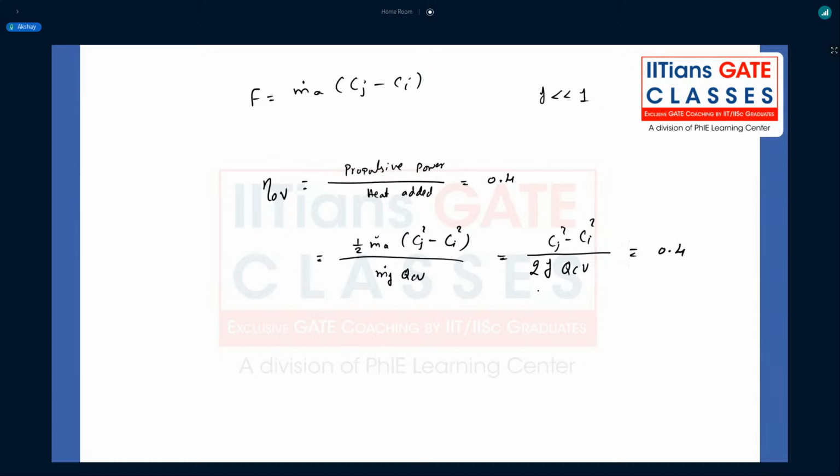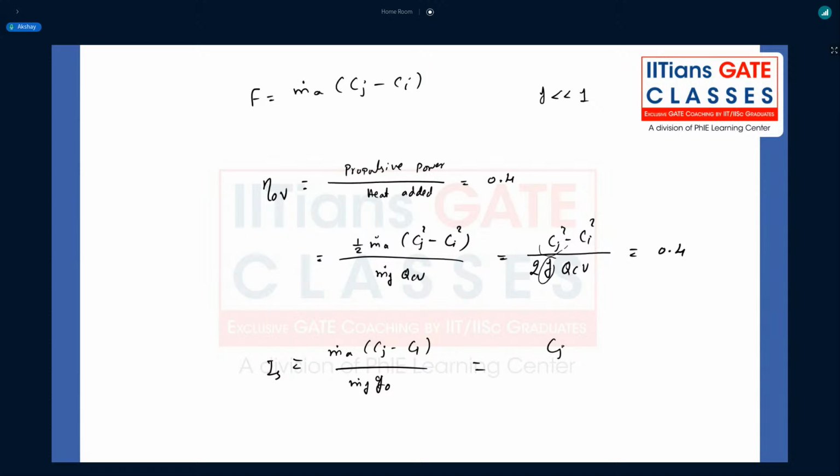So the only problem here is both F as well as Cj are unknown. Ci is given, it is cruising at 1000 meters per second. So either I can express in terms of Cj or I can express in terms of F. In both the scenarios, it's going to be tough, because if I look back at the specific impulse equation, that is going to be mass flow rate of air times Cj minus Ci divided by mass flow rate of the fuel times g naught, right?